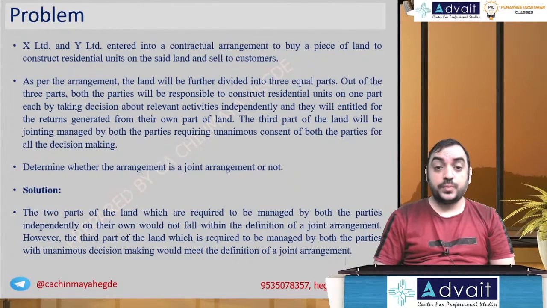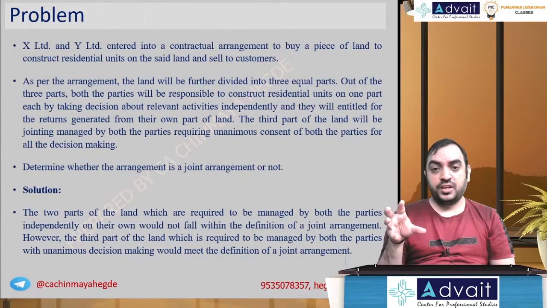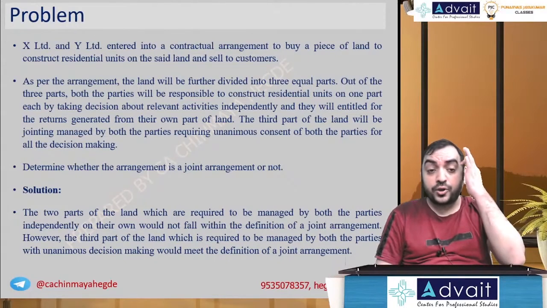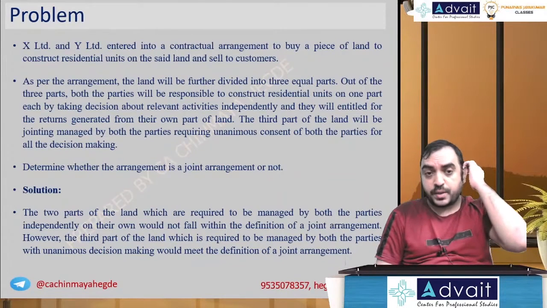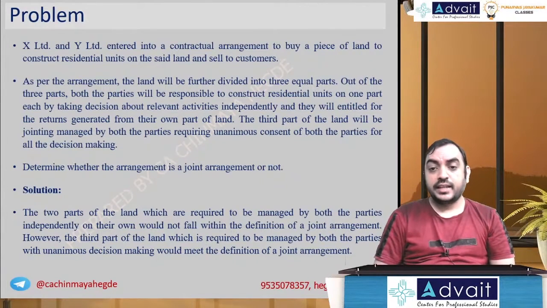As per the arrangement, the land will be divided into 3 parts. Out of the 3 parts, both the parties will be responsible to construct residential units on one part each, taking decisions about relevant activities independently, and they will be entitled to returns generated from their own part of the land.